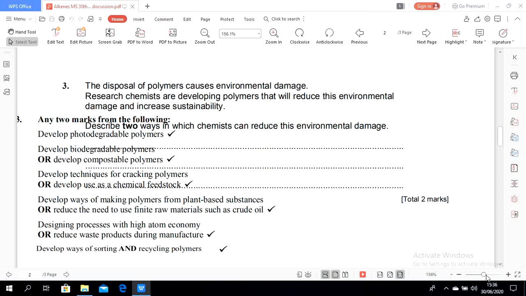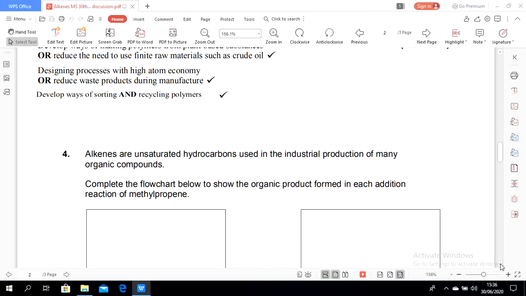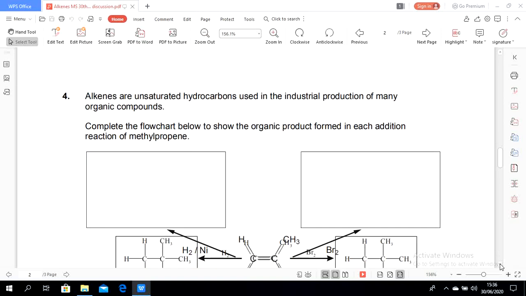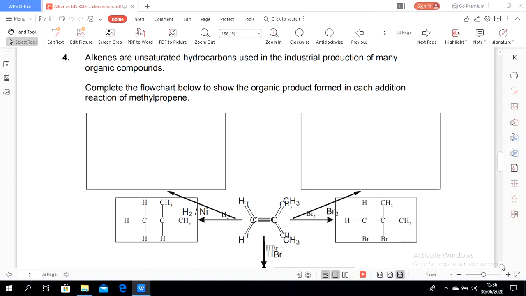Okay, next question. Alkenes are unsaturated hydrocarbons used in industrial production of many organic compounds. Complete the flow chart below to show the organic product formed in each addition reaction of methyl propene.